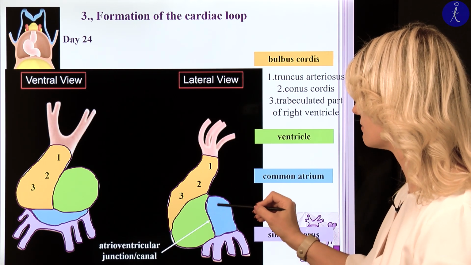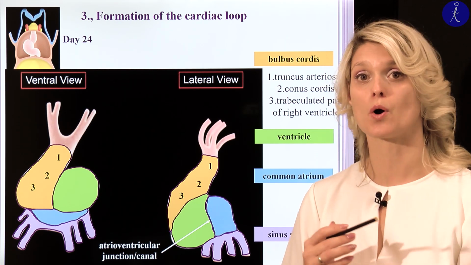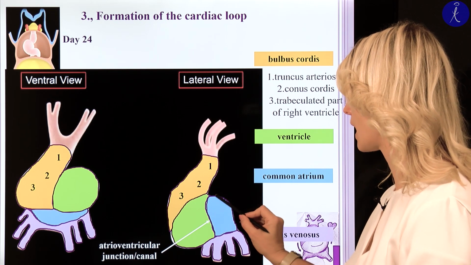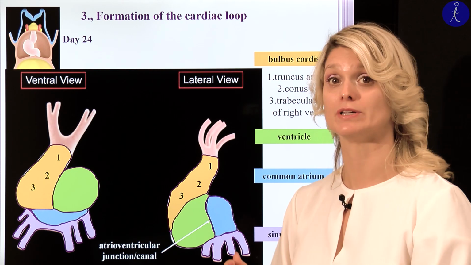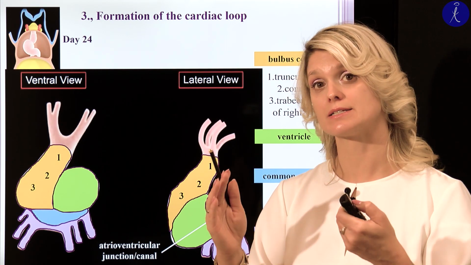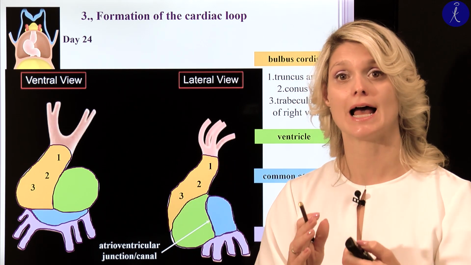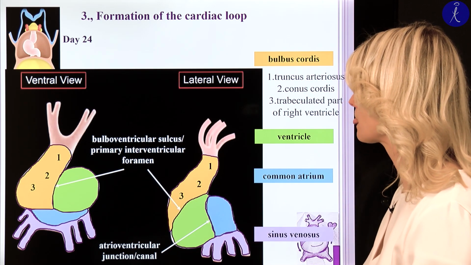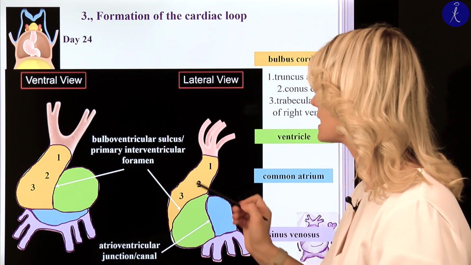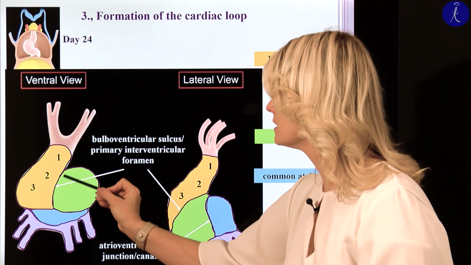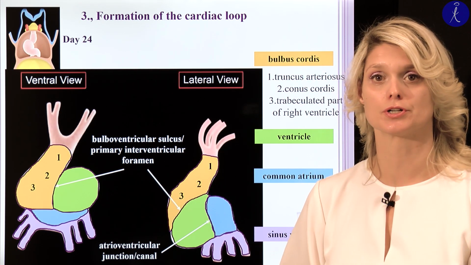Here you can see very well again the atrioventricular canal. This is first the communication between the common atrium and the ventricle, and that is what we have to close, and that is how we will separate from each other the atria and the ventricles. In this picture, in the anterior view of this stage, we can see another sulcus, which is called the bulboventricular sulcus.